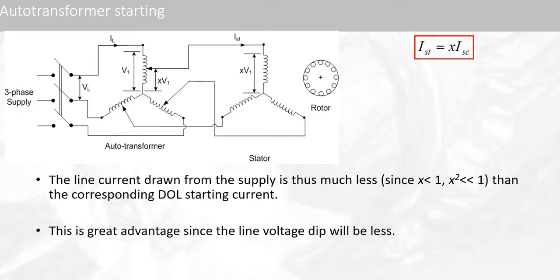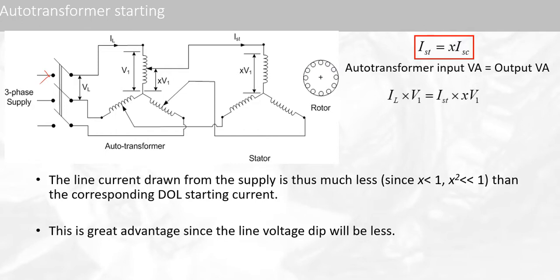Now what is the current drawn from the main supply? We know that in the auto transformer the input volt ampere is equal to the output volt ampere.